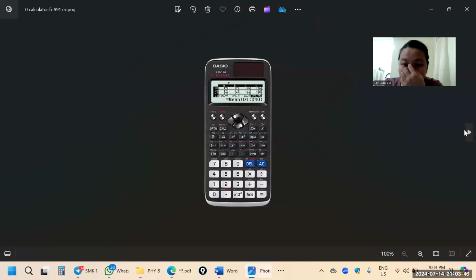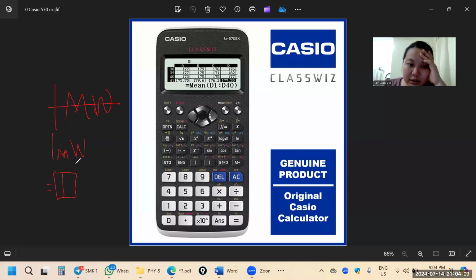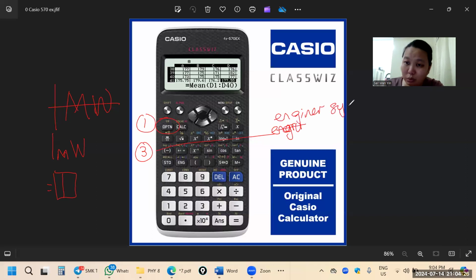Okay, then this calculator. How to press this? I just learned. If you want to get the prefix, for example 1 milliwatt, you press 1 first, then you press option, then you press 3. 3 is the engineer symbol.